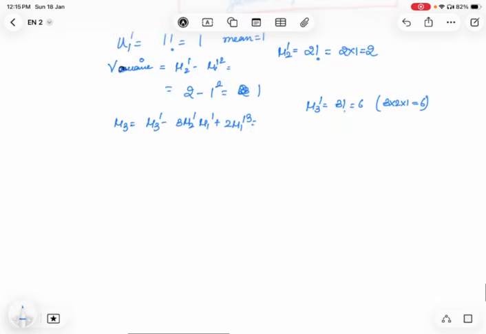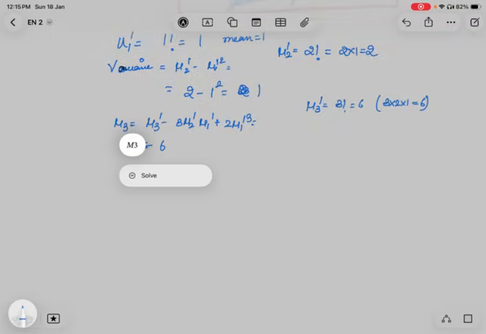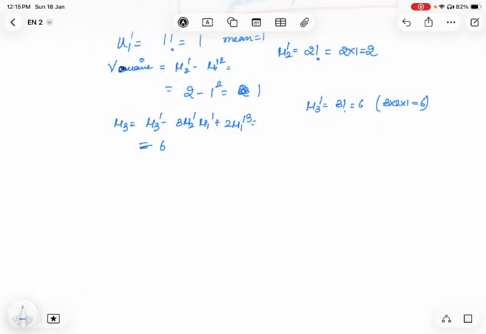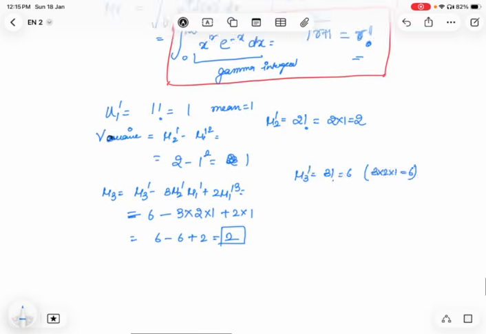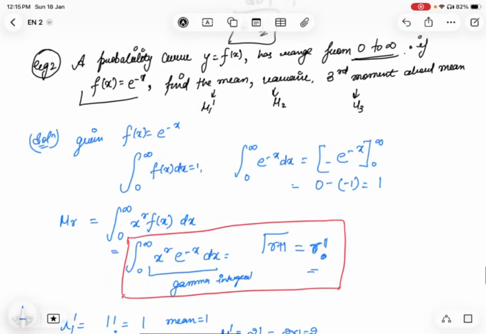Just put the values. 6 minus 3 into what is mu2 dash here? Mu2 dash is 2 into 1, plus 2 into 1, because if you take the cube of 1 it is 1. 6 minus 6 plus 2, that is equal to 2. So mu3 is 2. You see how each question taught you a new concept.